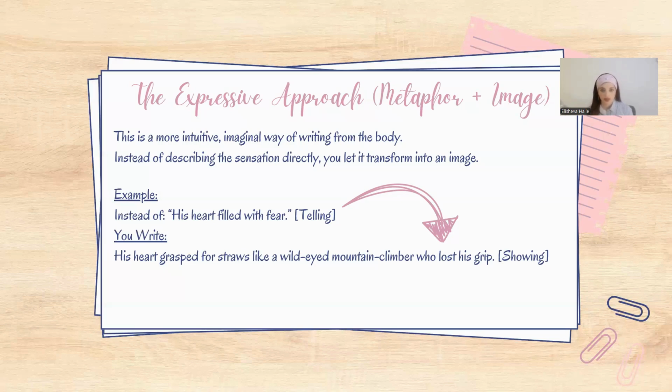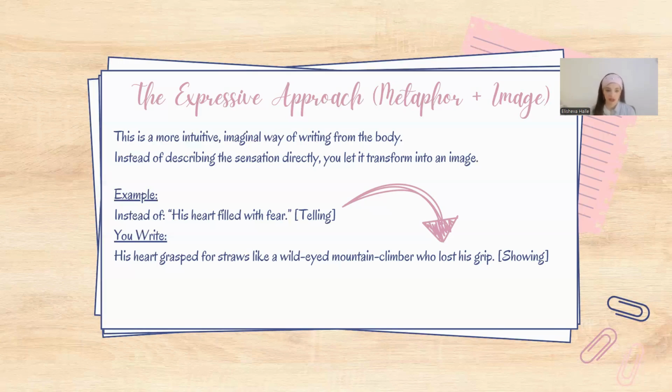So instead of describing the sensation directly, you let it transform into an image or a metaphor. Here's an example. Instead of saying his heart filled with fear, which would be telling us the emotion, you write, his heart grasped for straws like a wild-eyed mountain climber who lost his grip.